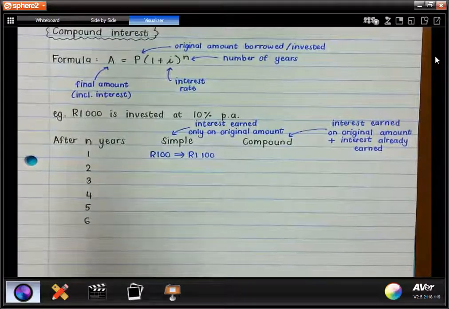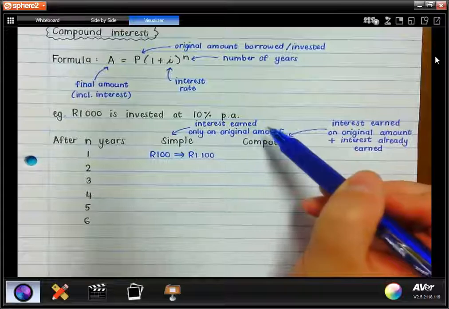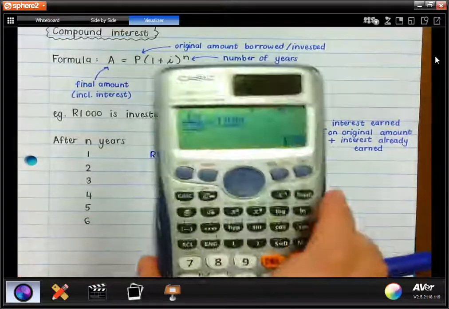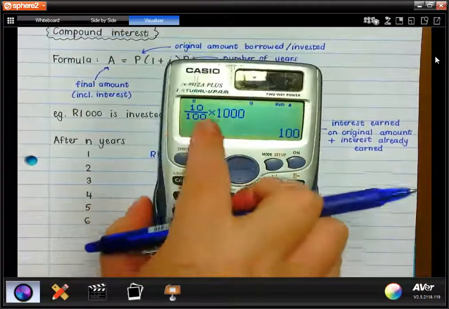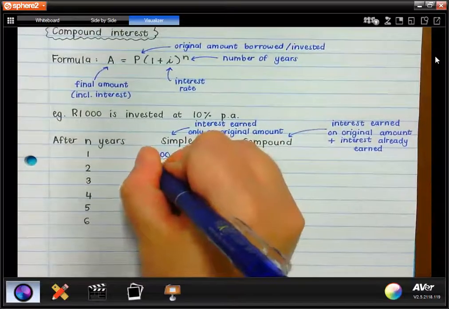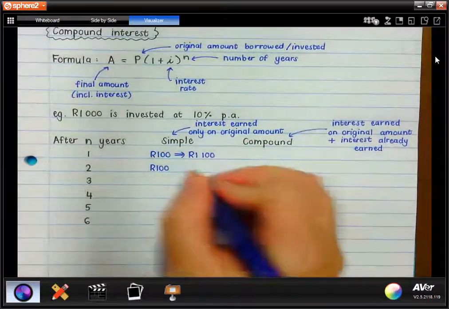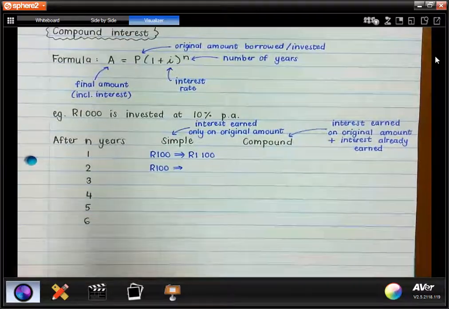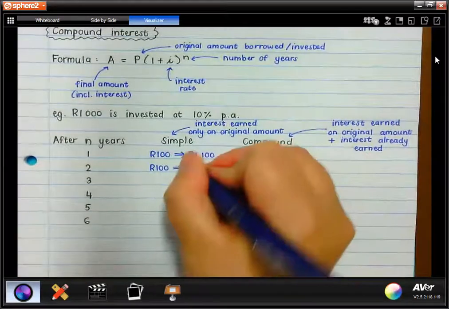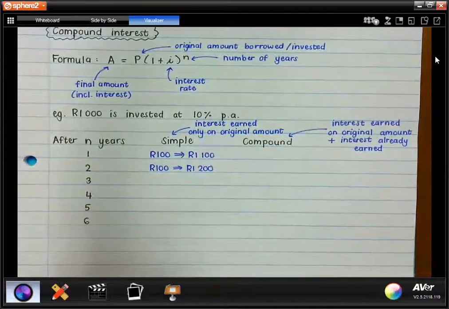At the end of year 2, interest earned only on original amount. So I am again going to only earn 10% of the original amount. Again, I'm going to earn 100 Rand. How much money will I then have if I add this 100 Rands worth of interest now? 1,200.